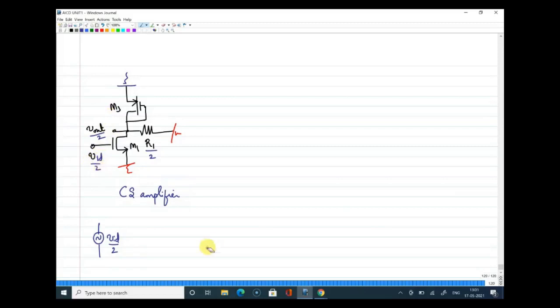If that is the case, I can directly write the output of this circuit as V out by 2, considering lambda not equal to 0. It is a CS amplifier, so it is minus GM1 into the resistance seen at this point. So you have a resistance of R0 1 connected here. Now for this transistor also there is R0 1.